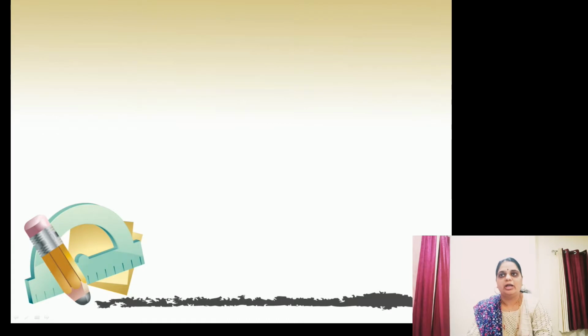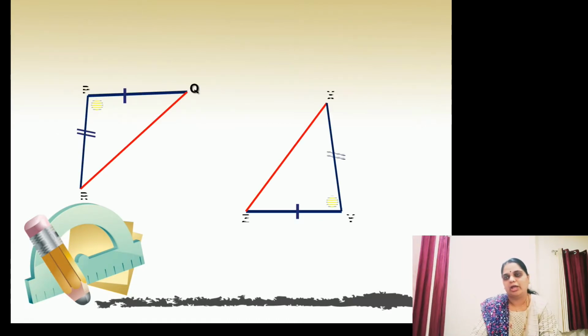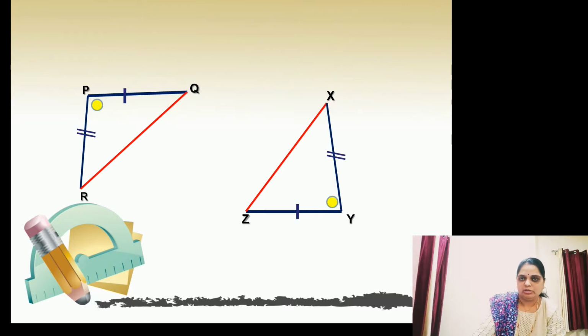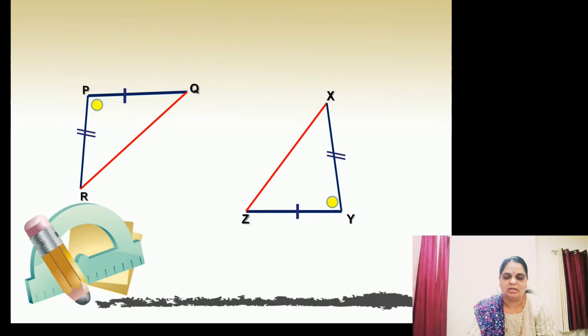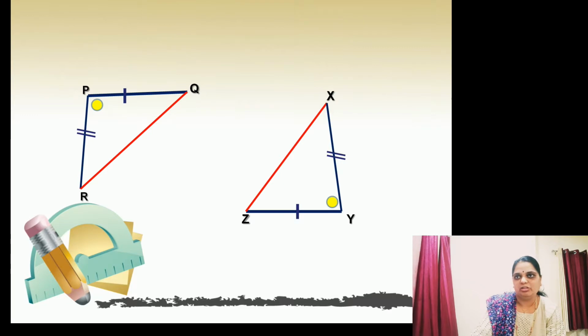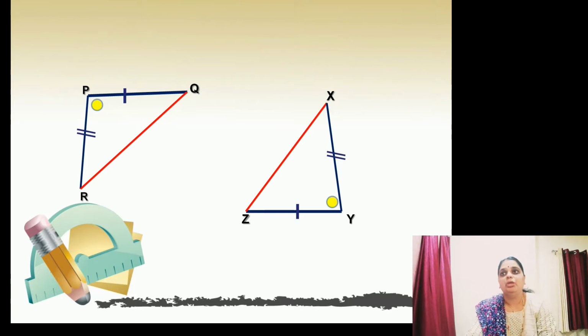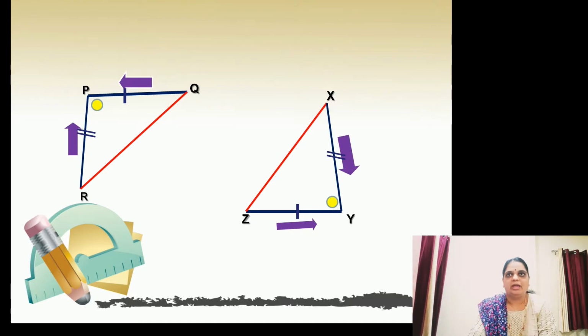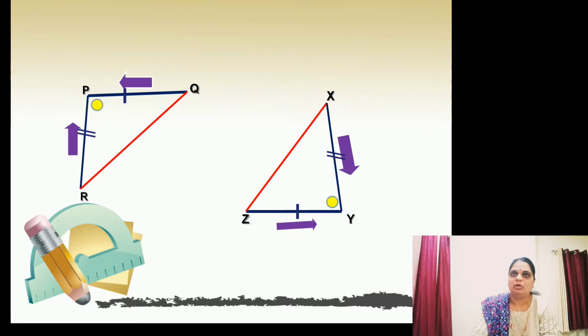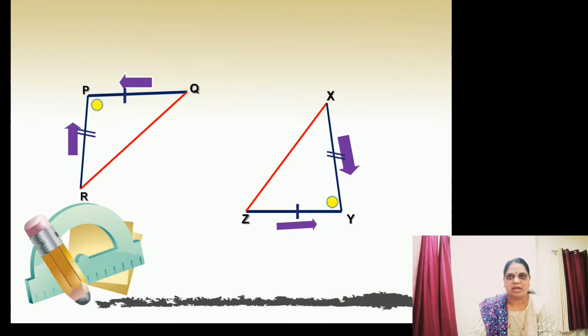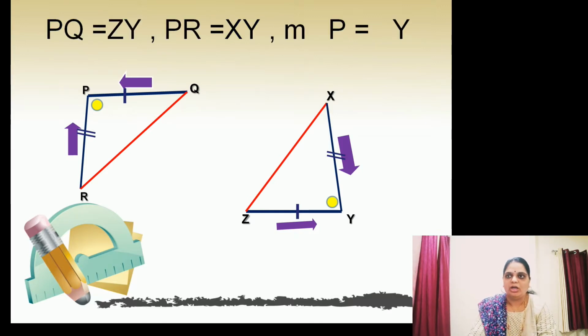Here we see another two triangles, triangle QPR and triangle XYZ. We see a yellow sign, that is angle P, and in the second figure we see a yellow sign, that is angle Y. That means in these figures we see PQ is equal to ZY, PR is equal to XY, and measure of angle P is equal to measure of angle Y. That means triangle XYZ is congruent to triangle QPR.